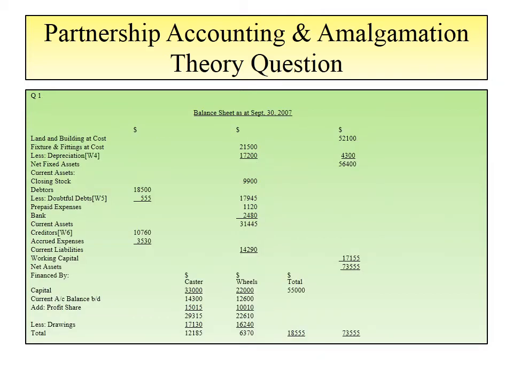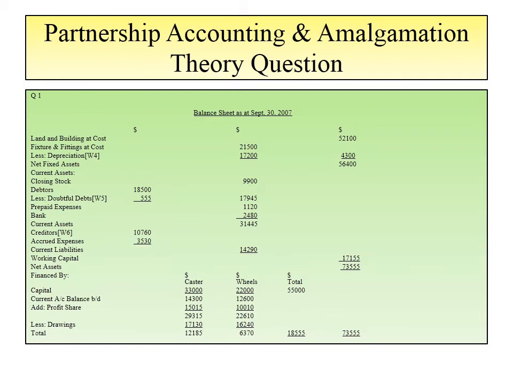For the balance, this is the balance sheet given. First of all, we have to take the fixed assets. Land and building at cost, 52,000. There is no depreciation for this. Fixture and fittings at cost is 21,500, less depreciation, and the working for depreciation is given in the last slide.